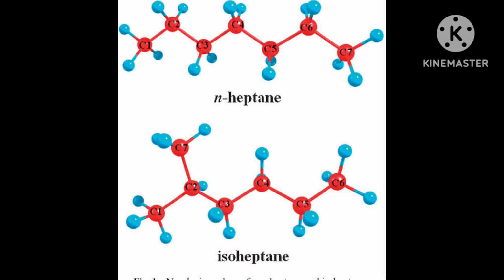Actually, from the crude oil, it is separated by the use of a fractionating column. That is called fractionation of petroleum, crude oil. From the crude oil, we get all these products.